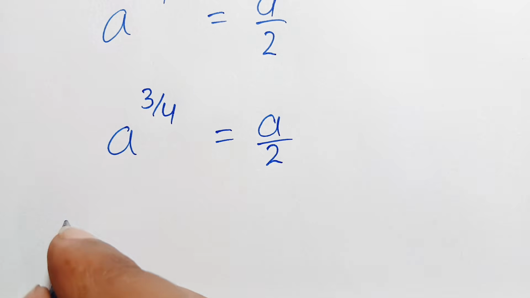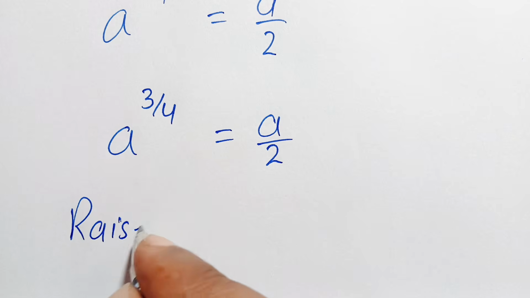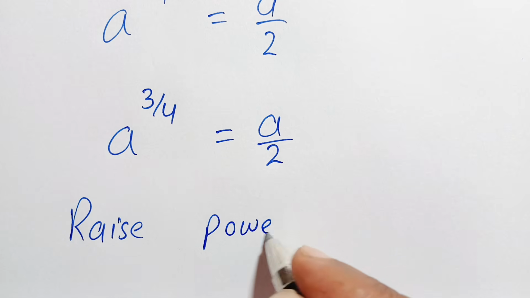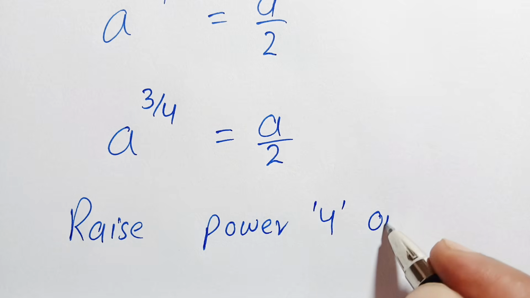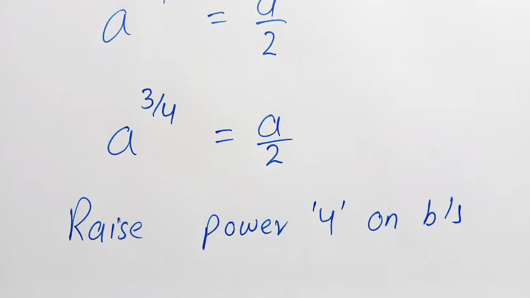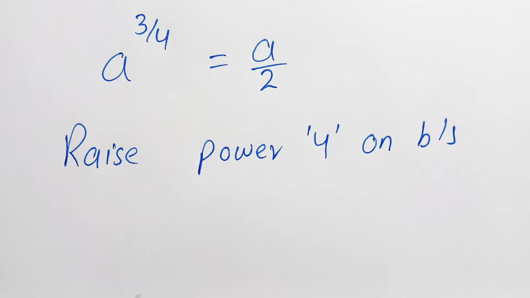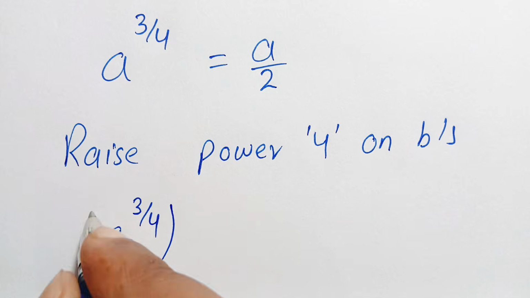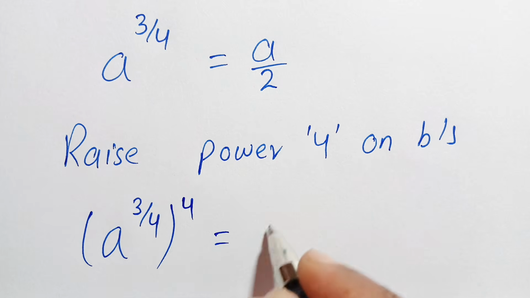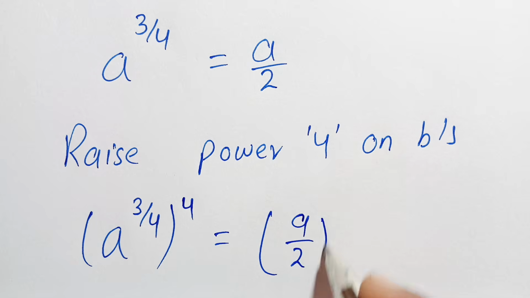Now raise the power 4 on both sides. So this becomes (a power 3 by 4) whole power 4 is equal to (a by 2) whole power 4.